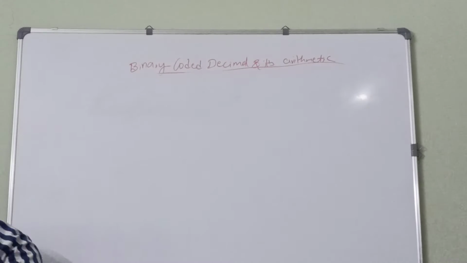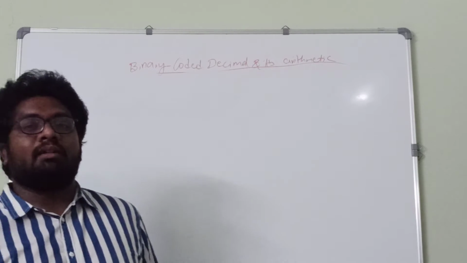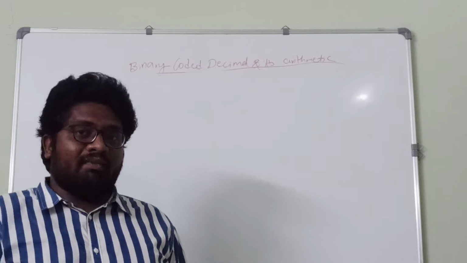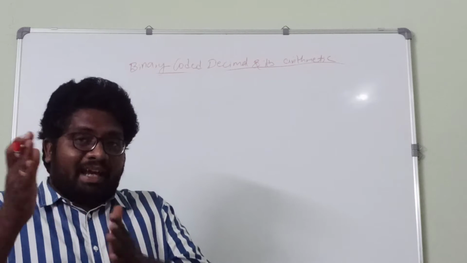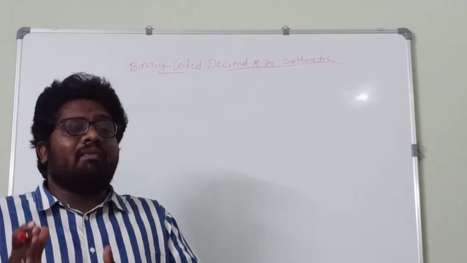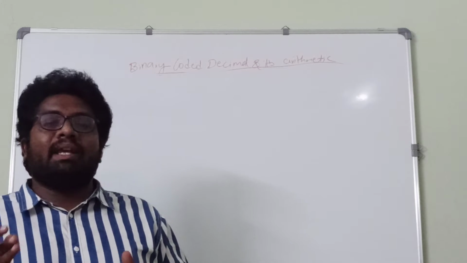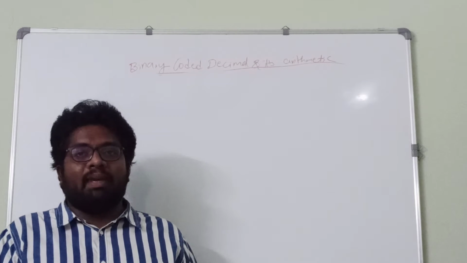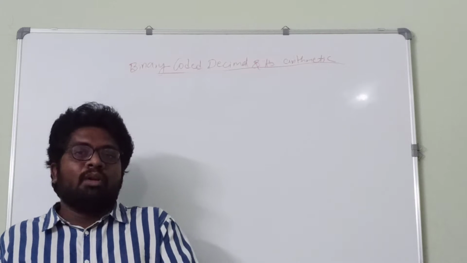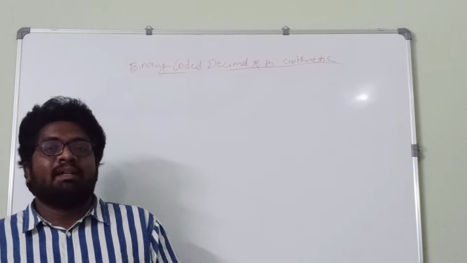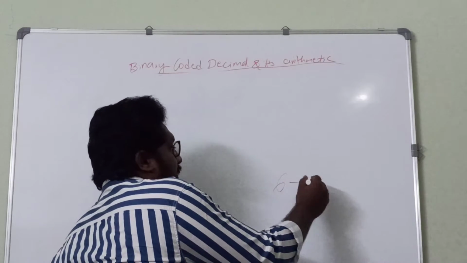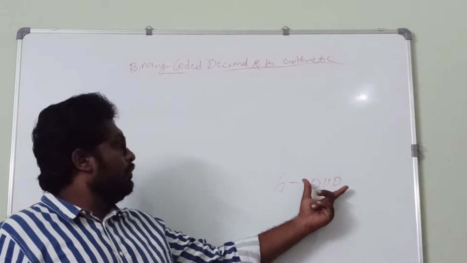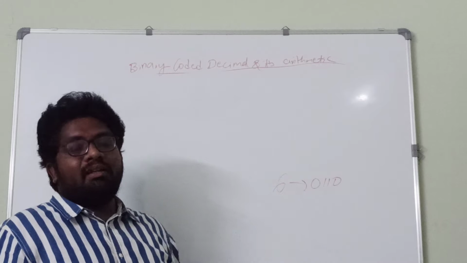If a nibble is less than or equal to 9, then it is a valid BCD, and if it is greater than 9, it is an invalid BCD. We have to make that invalid BCD into a valid BCD, so we need to add 6, that is 0110, to it.